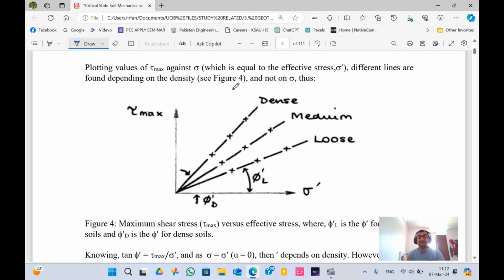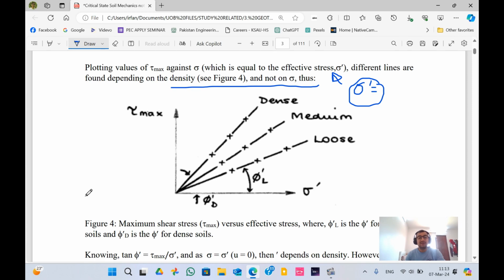Now, effective stress. There is a concept in soil mechanics which we call effective stress. Basically, what does it mean? If you remove the pore water pressure from the initial stress, that value is known as the effective stress. Because here different lines are found depending on the density and not on the stress.